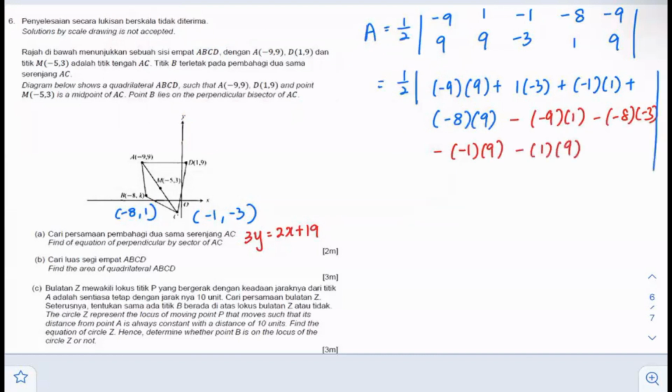Then we close the modulus. So we'll have 1 over 2. So this is negative 172. And with the modulus, we remove the negative. So the final answer will be 86 unit square.